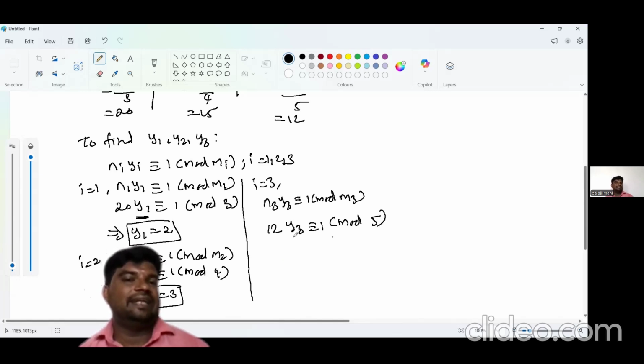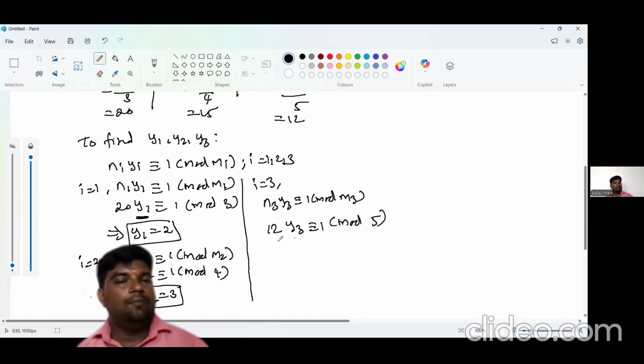Now we select the y3 value by trial, multiplying with 12 and dividing the product by 5 to find the remainder. First we take 1. 12 ones are 12. Divided by 5, we get the remainder 2, which is not equal to 1.